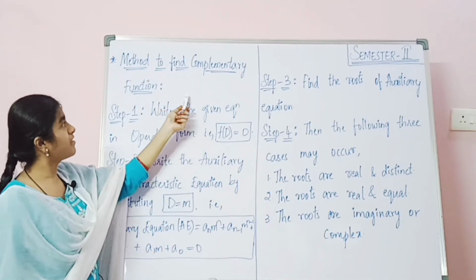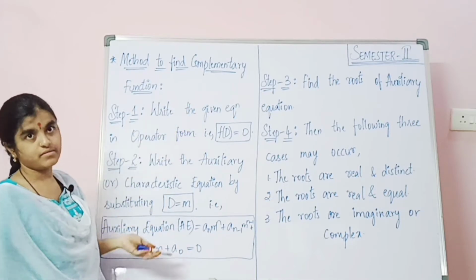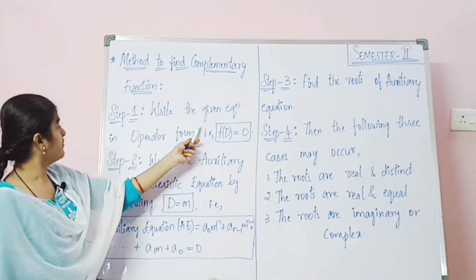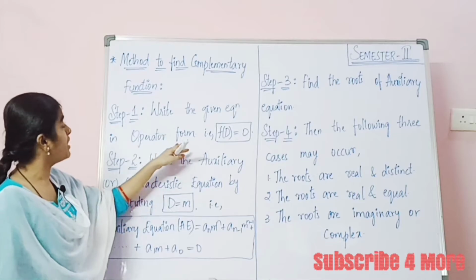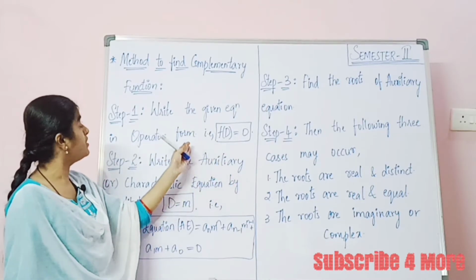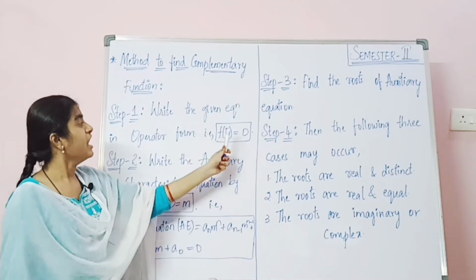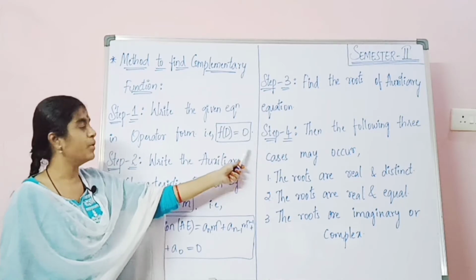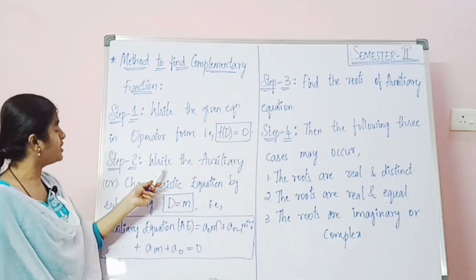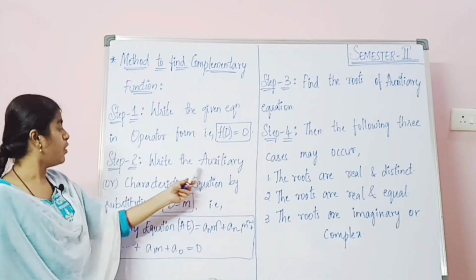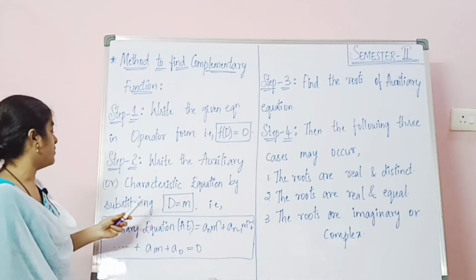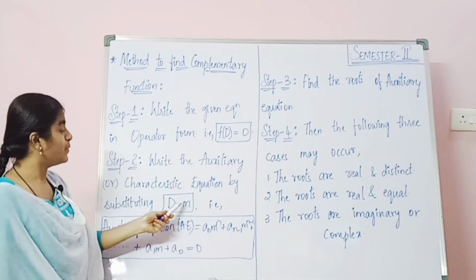Now let us discuss the method to find the complementary function stepwise. Step 1: write the given equation in operator form, that is f of D equals 0. Step 2: write the auxiliary or characteristic equation by substituting D equals m.